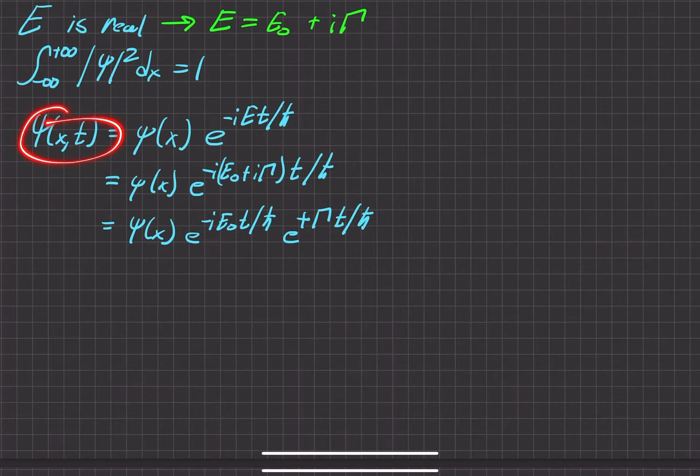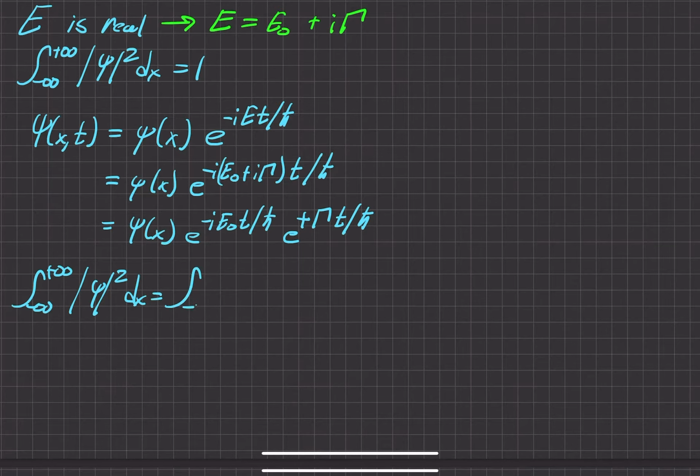So now whenever we substitute this wave function into the normalizable condition expression here, we'll get something a little bit more telling of where the problem will go. Whenever you do the modulus squared of this portion, that's just going to be the modulus squared of the spatial dependent portion here.